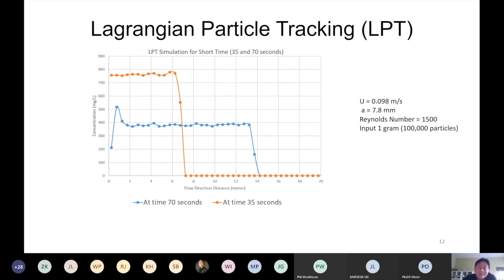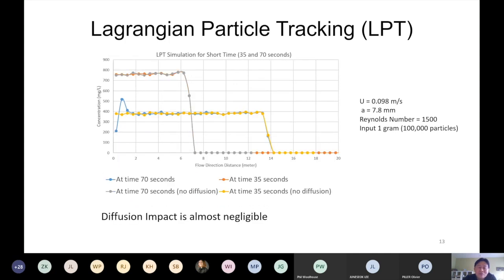So in the Lagrangian particle tracking, I just removed the molecular diffusivity, or the Brownian motion part, and I just calculate the constituent transport due to the velocity profile. Remember this parabolic laminar flow velocity profile?